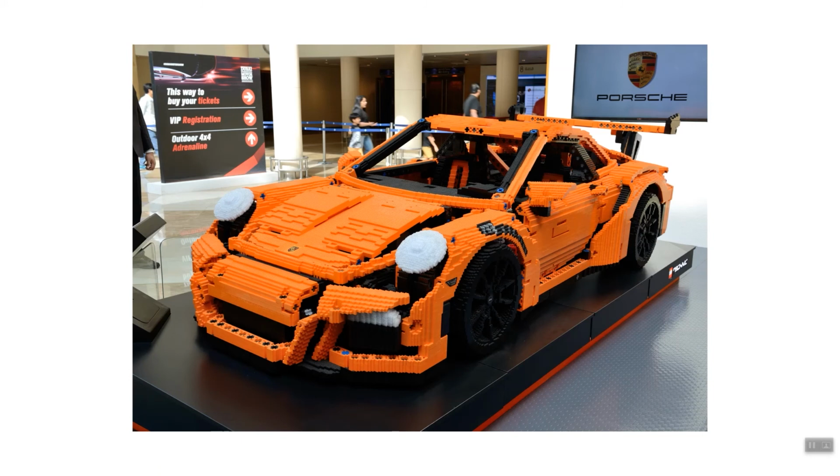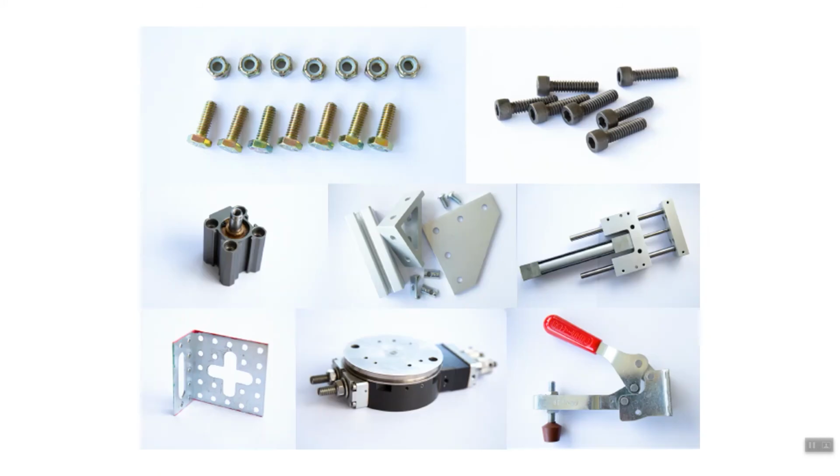And so what are some of those common standard parts that engineers are able to use? Well, they're things like fasteners, brackets, clamps, cylinders, extrusions, motors. There's these different parts that are relatively standard that can be used over and over again.